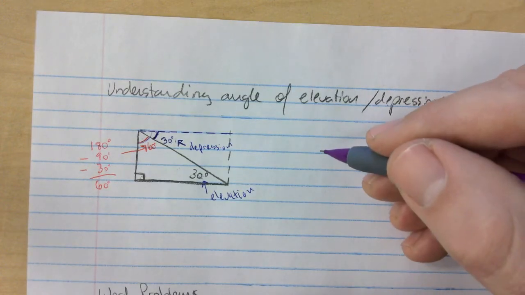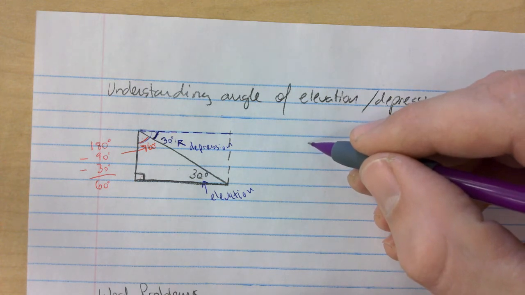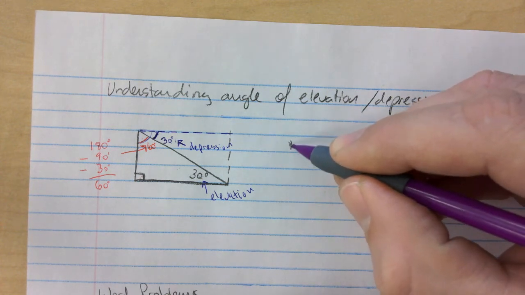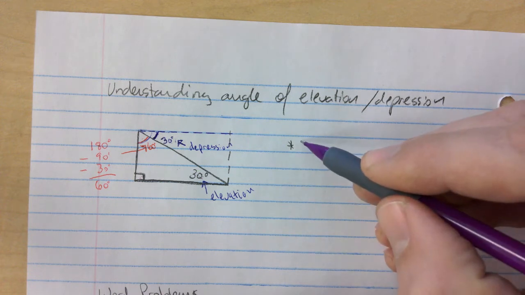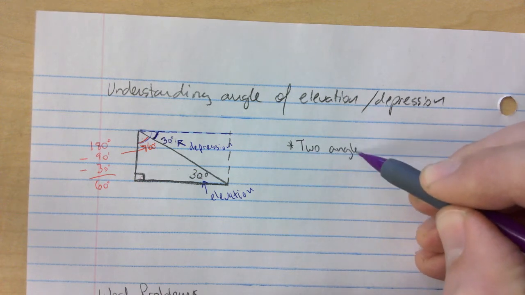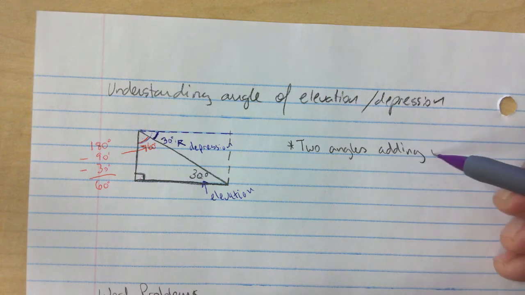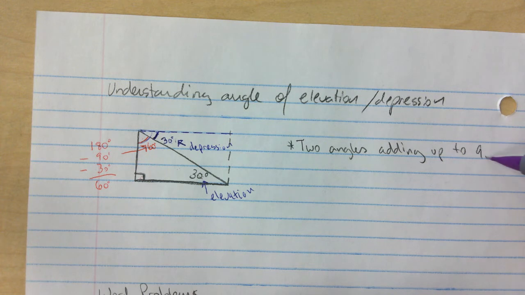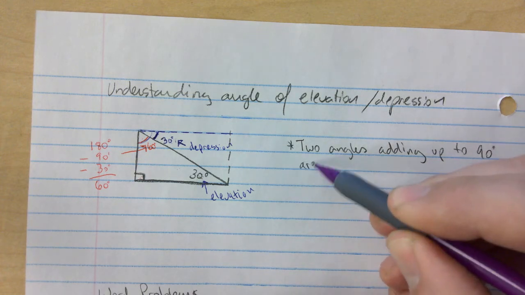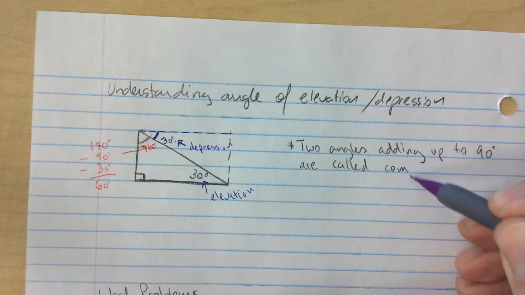Maybe I will add a note here. Two angles adding up to 90 are called complementary.